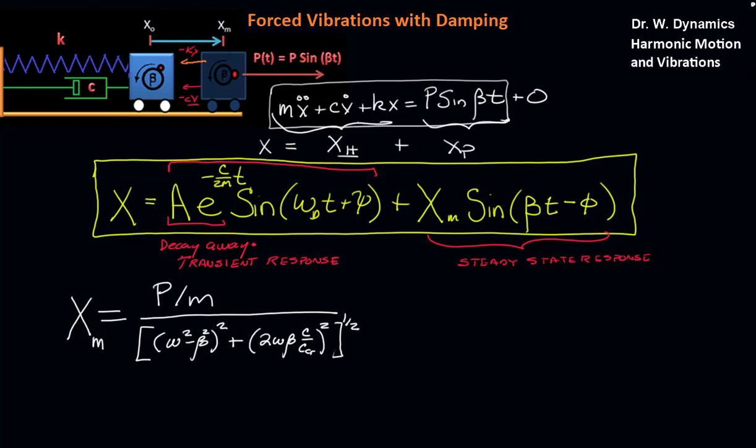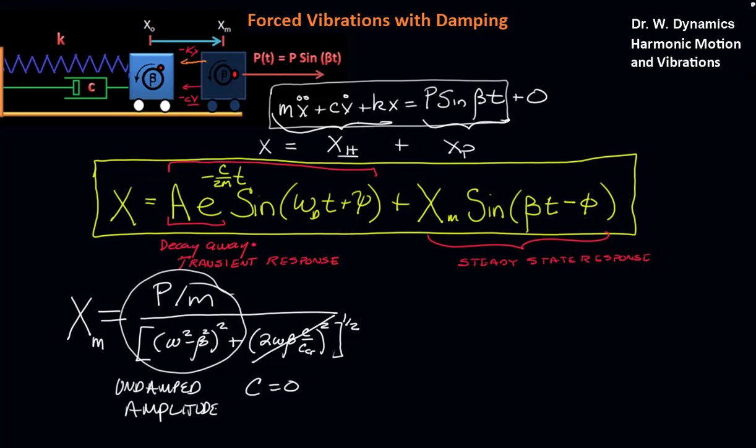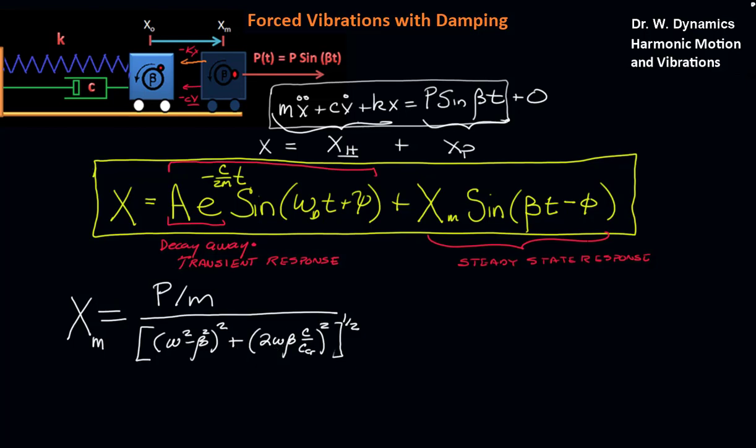And note here that for c equal to 0, this term disappears and we get our undamped amplitude that we saw earlier, where if we add in damping, this additional term shows up.